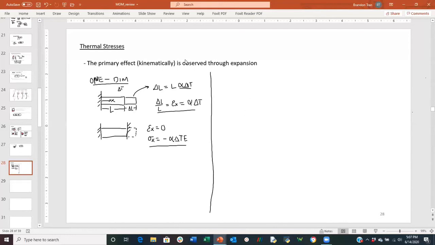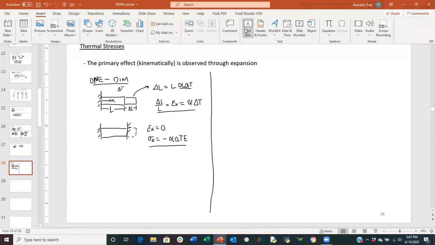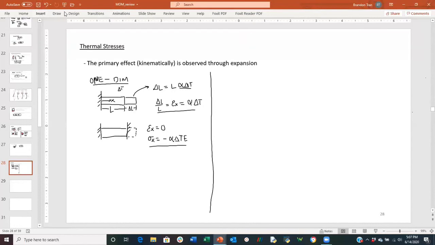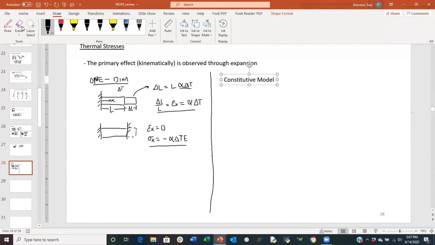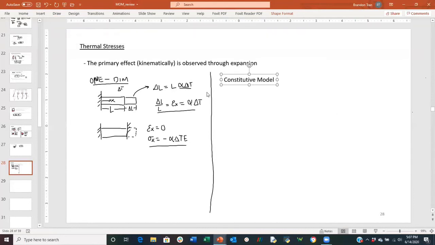So from the constitutive model, go ahead and put that in. All right, so from our constitutive model here, if everybody remembers, there is our strain vector, which equals our compliance, or sorry, this would be the compliance matrix.